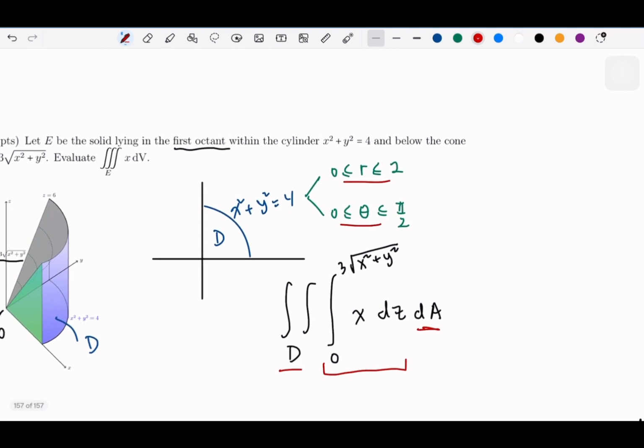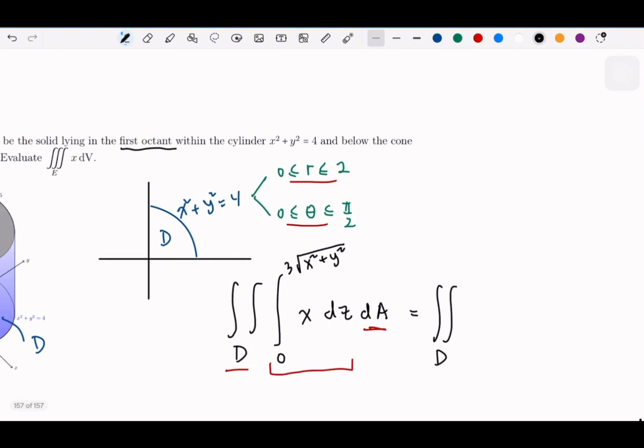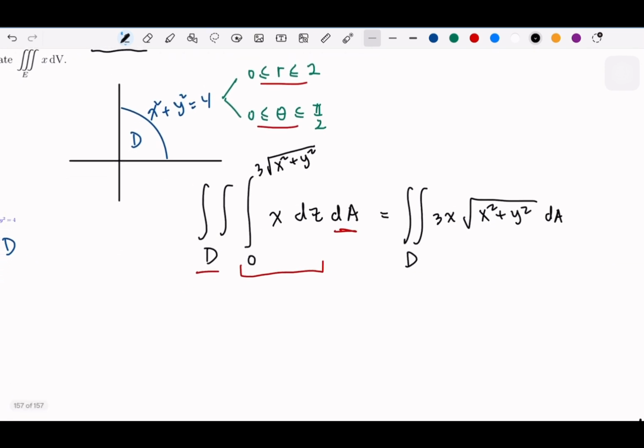We compute dz, then this will be z. So this will be 3x times the square root of x squared plus y squared, and then dA. Now we can convert to polar. Theta, and then r, and this will be r squared, right?